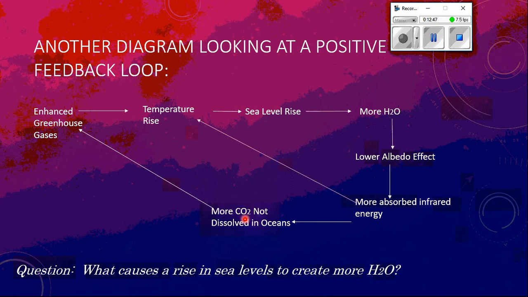And that's how we have a decrease in shellfish and coral reefs currently happening on our planet. And if you have a higher temperature in the oceans, which can also be caused by more CO2 not being dissolved in the oceans, then again, the CO2 goes back up into the atmosphere and you have more greenhouse gases, therefore an enhanced greenhouse effect.